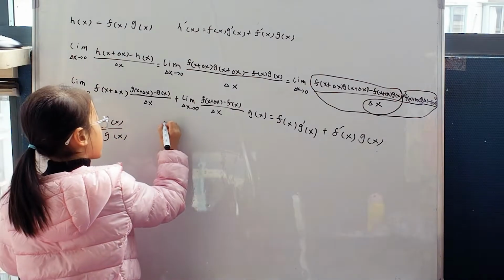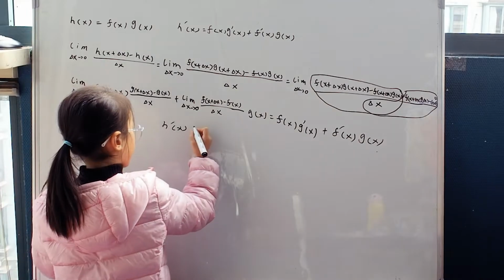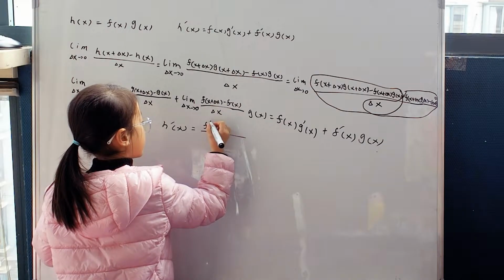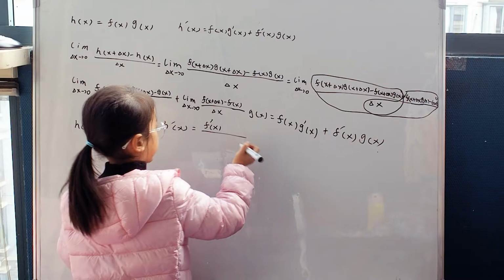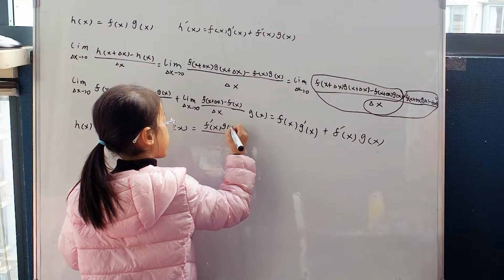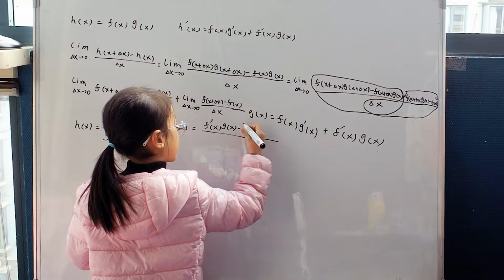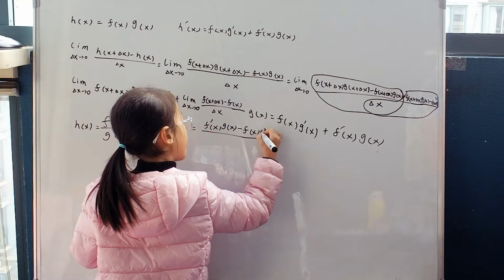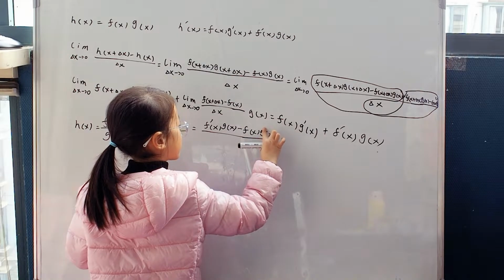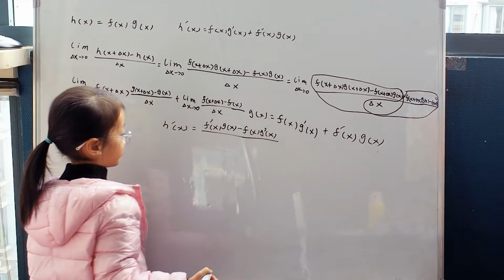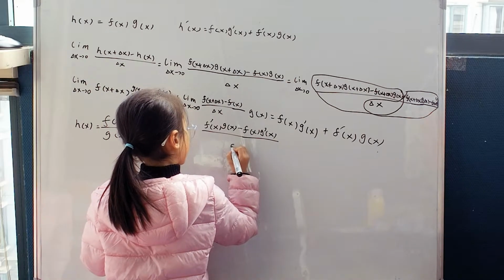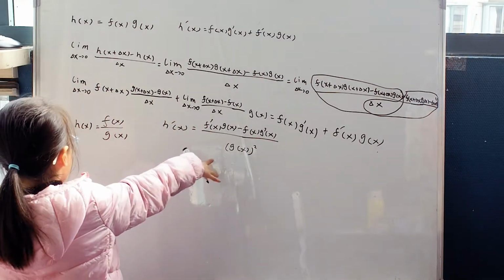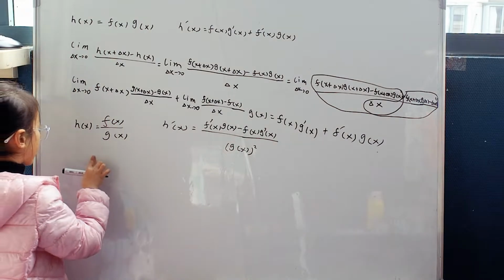The goal is that the derivative of h(x) equals the derivative of f(x) times g(x), minus f(x) times the derivative of g(x), over g(x) squared. This is the goal, and let's prove it.